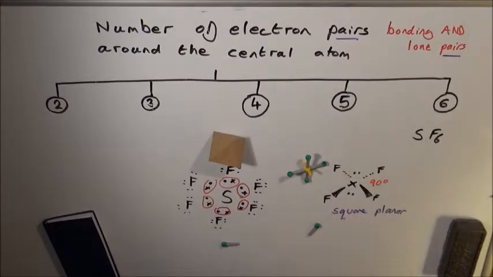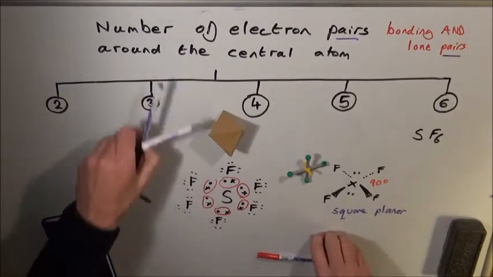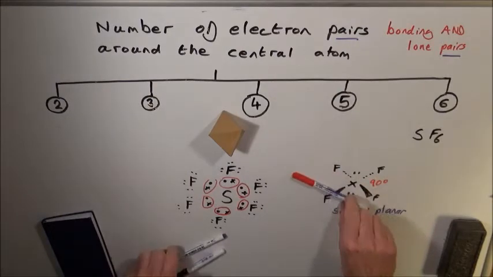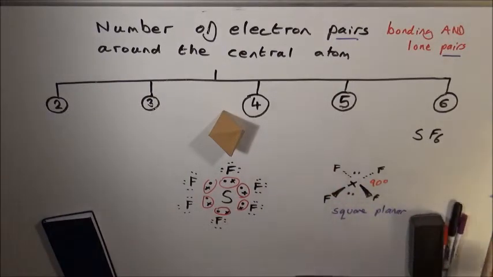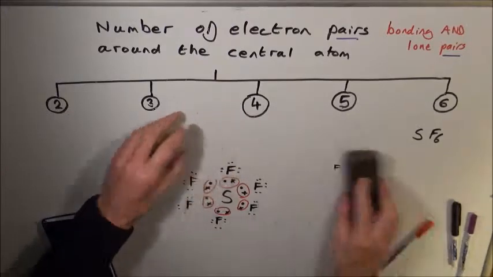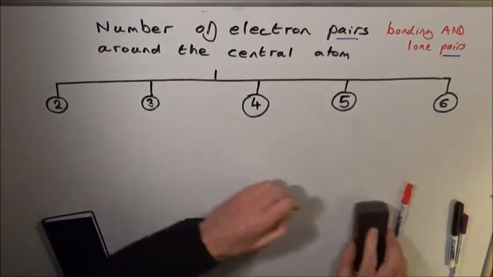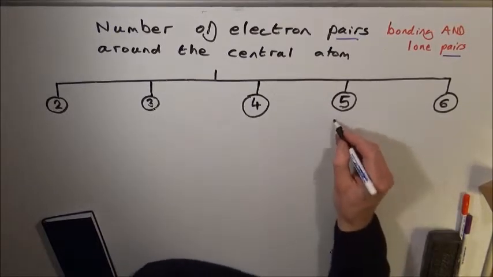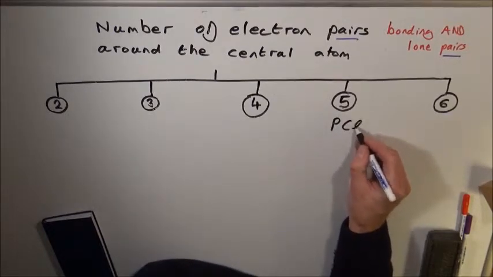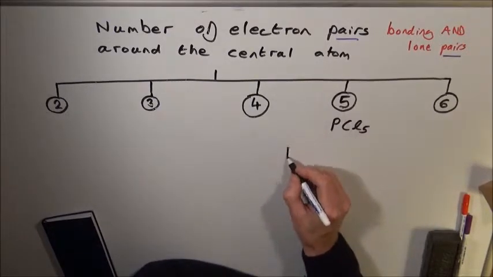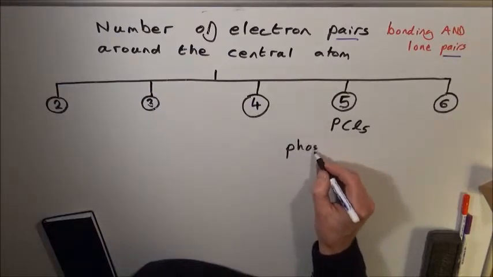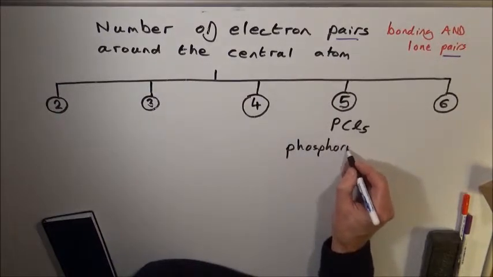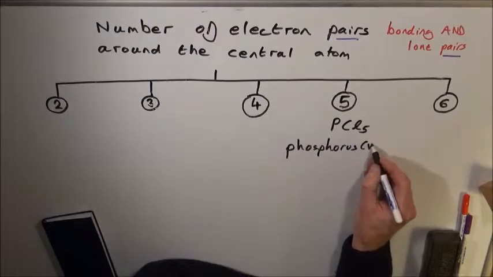Now finally, if we take a look at the situation where you've got 5 electron pairs around the central atom, the example here is always PCl5, so it's phosphorus(V) chloride.